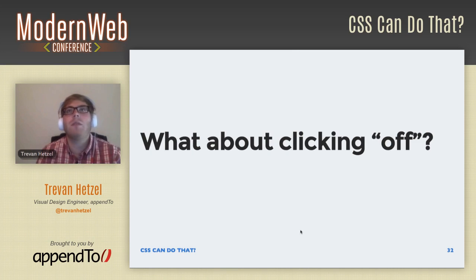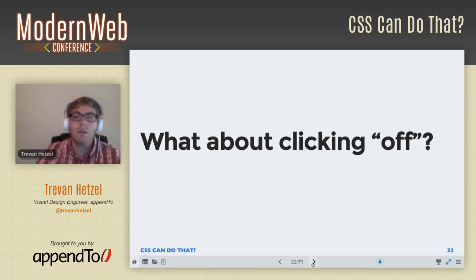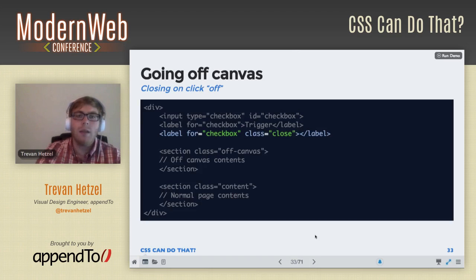A common functionality of off canvas is that when it's open, if you click anywhere on the page but in the actual off canvas element, it's going to close it, right? You see that a lot of times on mobile devices. You don't have to actually click the hamburger icon again to close it. You can just click anywhere and it'll close it. It looks kind of tricky, but it's actually pretty simple.